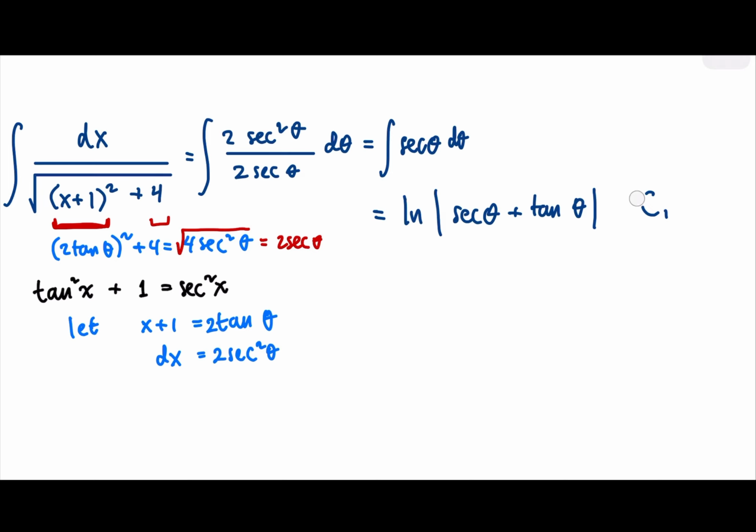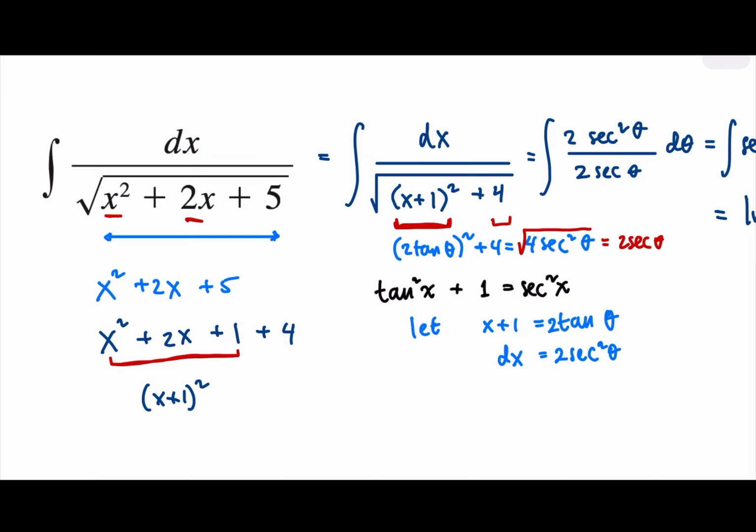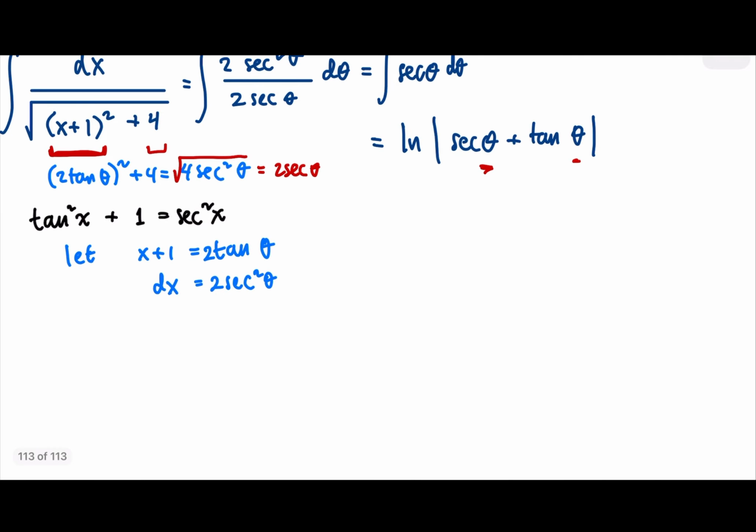Or you can ignore the c, and then because we have the result in theta, but the question is in the algebraic form x, right? So we need to remember to change the theta into the algebraic forms. How are we going to do that? We can do it with our triangle.